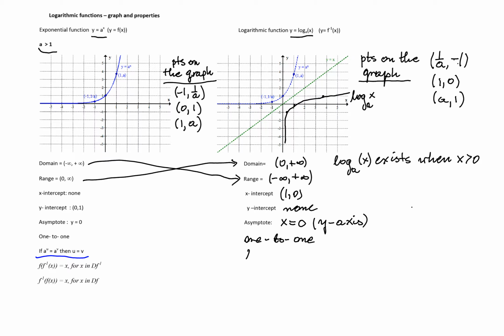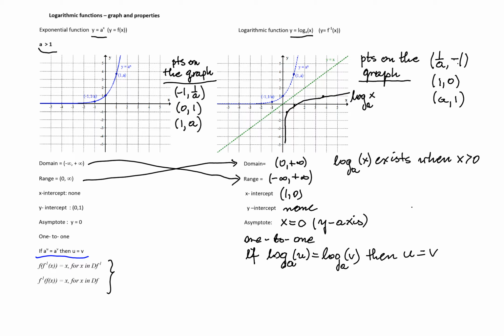We can write the same statement for logarithms. If logarithm to the base a of u is equal to logarithm to the base a of v, so if two logarithms with the same base are equal, then we can say the inputs are equal, so u equals v. We'll use this property to solve some logarithmic equations.